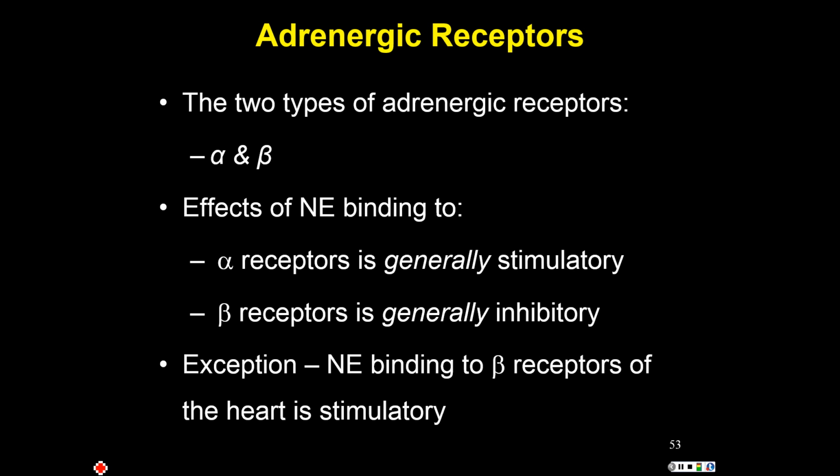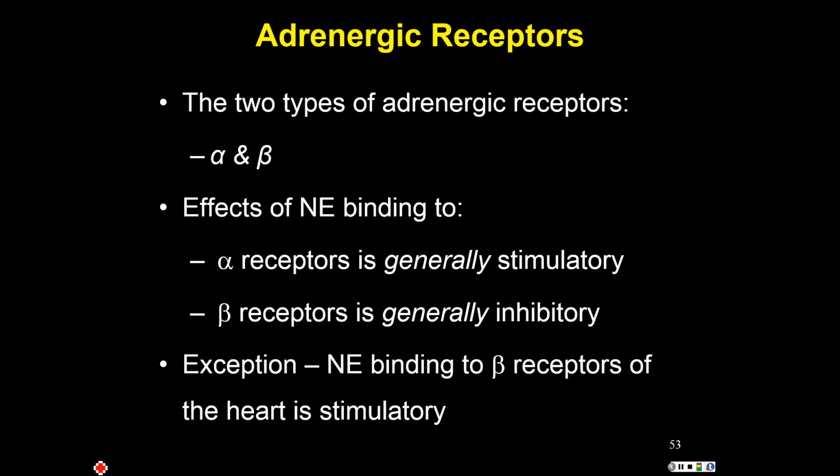Notice I have the word generally italicized here, and that's for a reason. Generally, when norepinephrine binds to alpha adrenergic receptors, the effect is stimulatory at the target tissue. Conversely, typically when norepinephrine binds to beta adrenergic receptors, the effect is usually inhibitory at the target tissue.